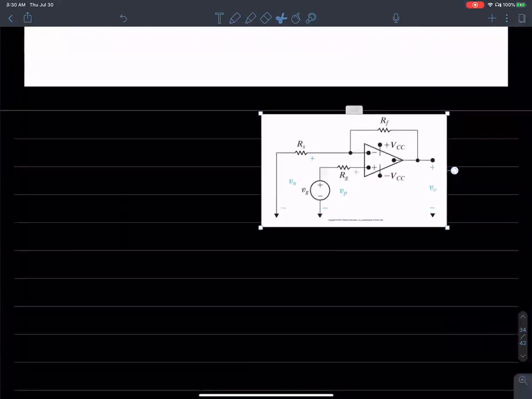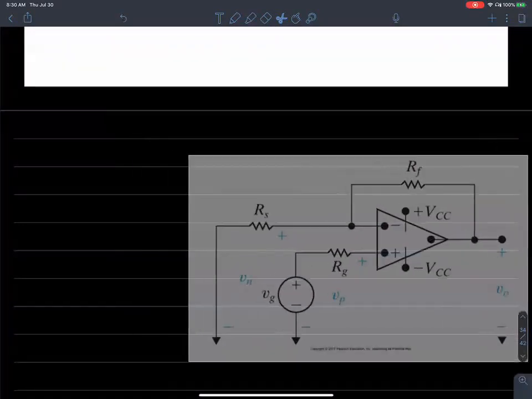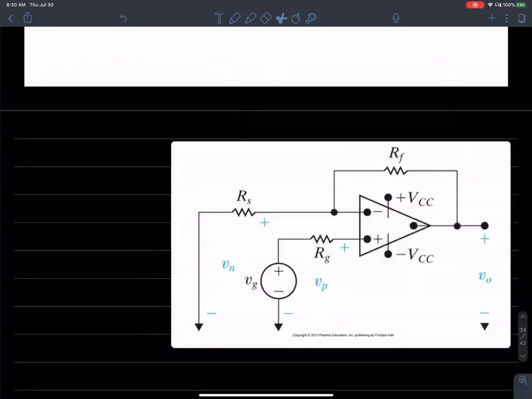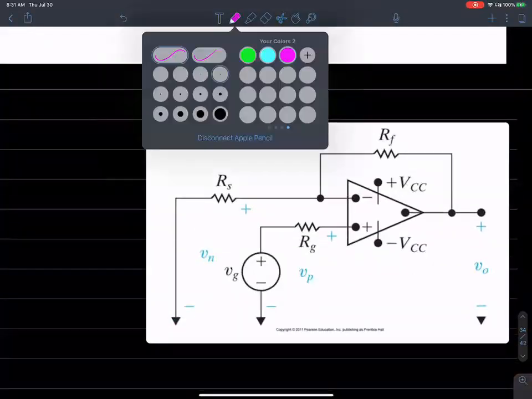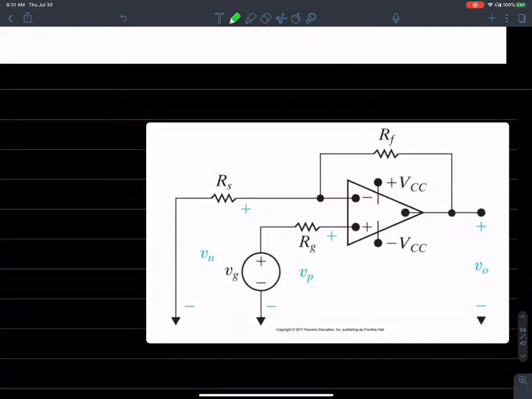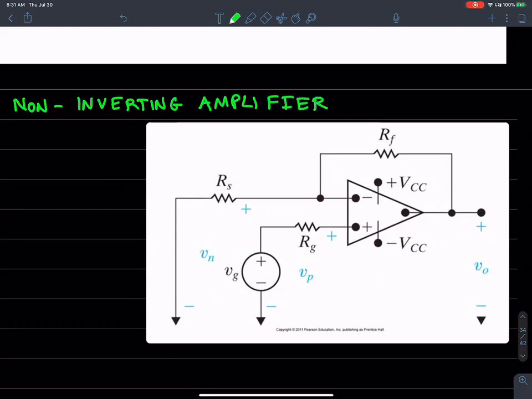Now what I'm trying to do is to analyze this circuit. This is the circuit of a non-inverting amplifier.